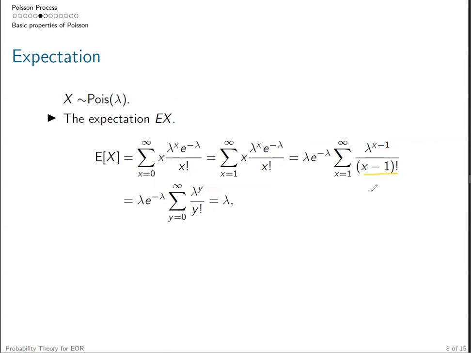Now, if we denote x minus 1 equals y, we have the sum from y equals 0 to infinity of lambda to the y divided by y factorial. Let's take a look at the summation here. Again, according to the property of Euler's number, we know this summation is equal to e to the power lambda.